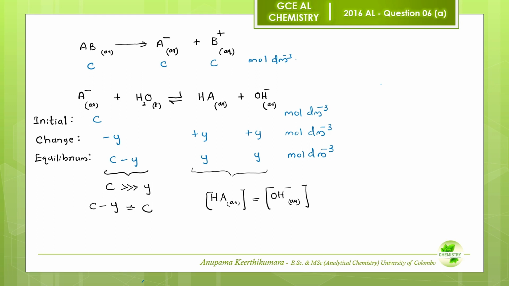Now, we will write the Kb expression for this conjugate base. Kb equals the concentration of HA times the concentration of OH minus, divided by the concentration of this conjugate base A minus.